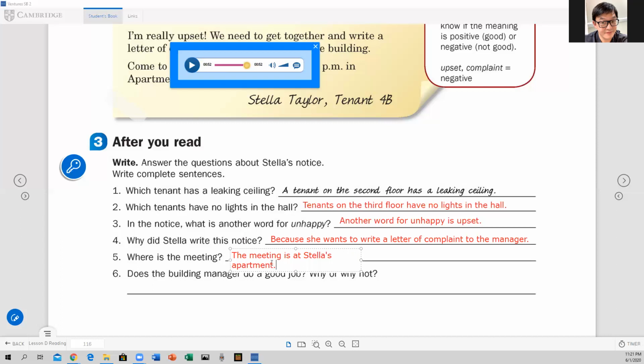Or you can say the meeting is at apartment 4B. You can do different things. I'm just writing very simple answers to make it easier, okay?